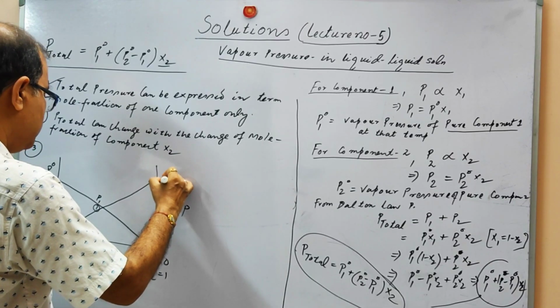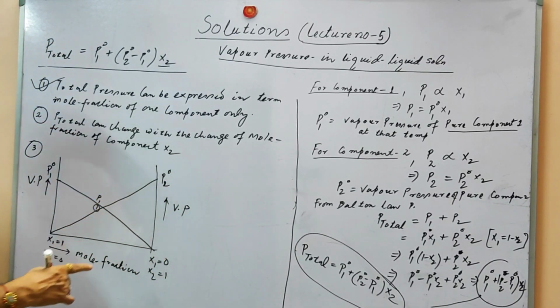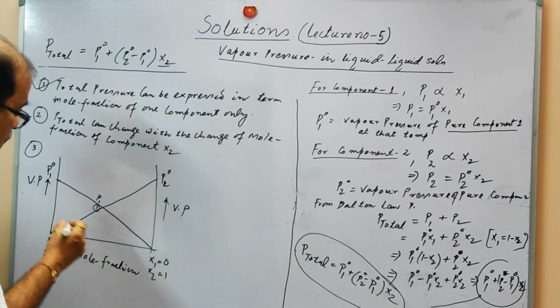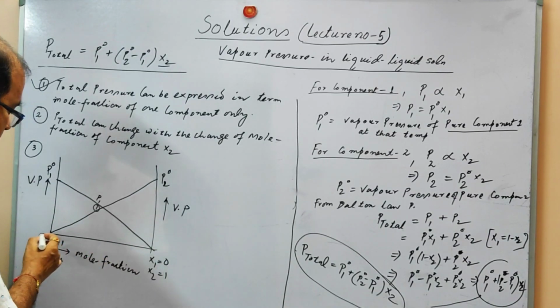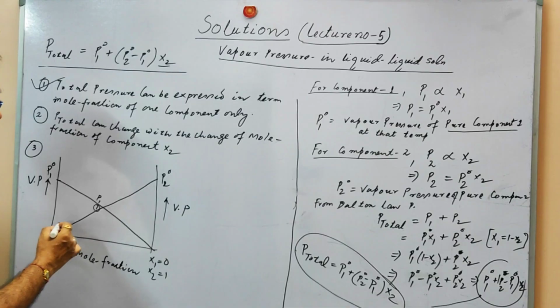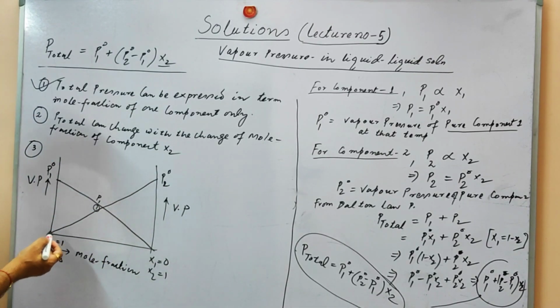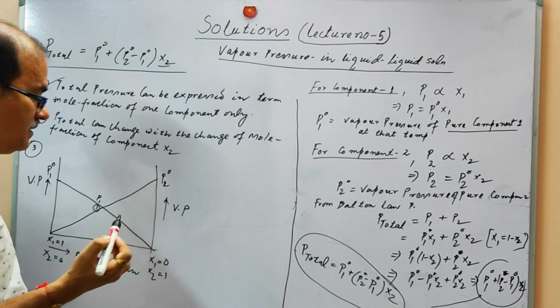At that time we will say this is P2 0, the vapor pressure of the pure component 2. As we increase the mole fraction, we can see the vapor pressure of the component 2 increasing, and naturally the mole fraction of the component 1 is decreasing and its vapor pressure is decreasing.